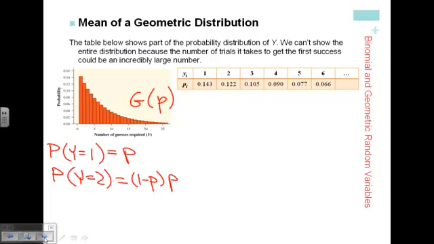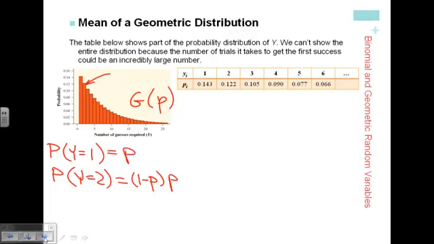You do that with any two numbers between 0 and 1. When you multiply a fraction by a fraction, the result is smaller than either of the two fractions. So in the second trial, 1 minus p, a fraction, times p, another fraction, gives a smaller number, and the probability of the first success happening on the second trial has to be smaller than the probability of the first success on the first trial.